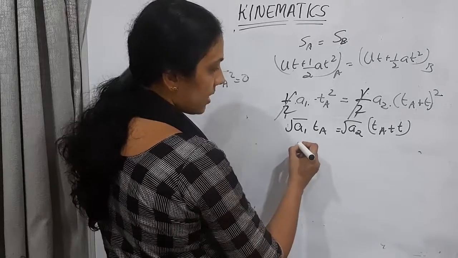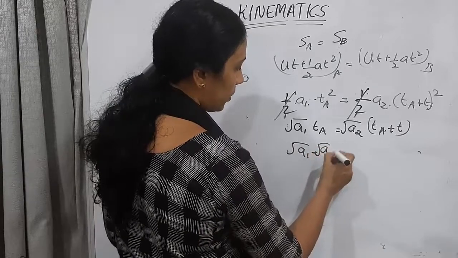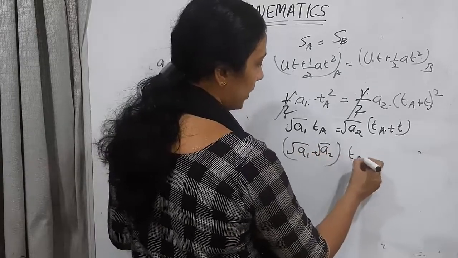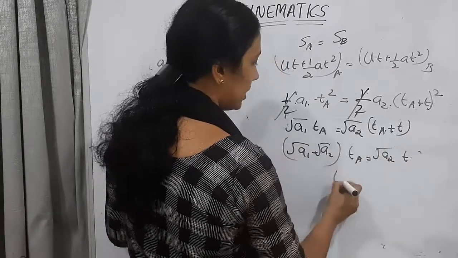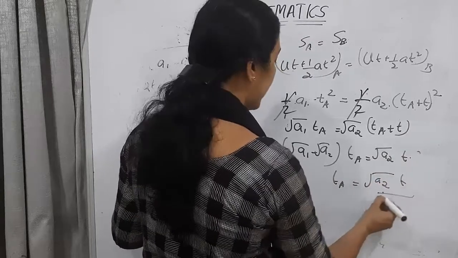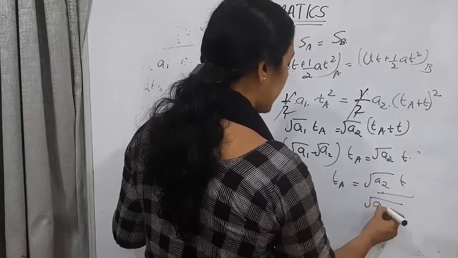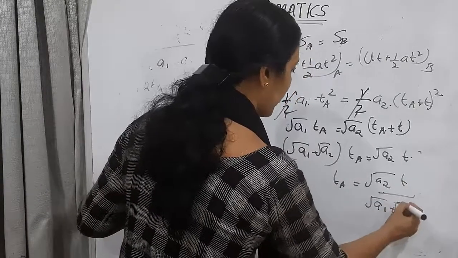So (root of A1 minus root of A2) into TA will be equal to root A2 into T. Therefore, TA is root A2 into T divided by (root of A1 plus root A2).